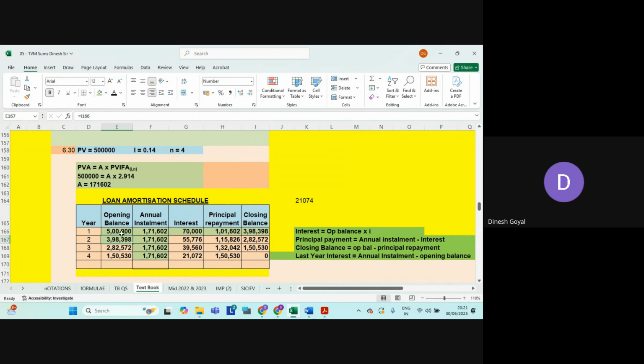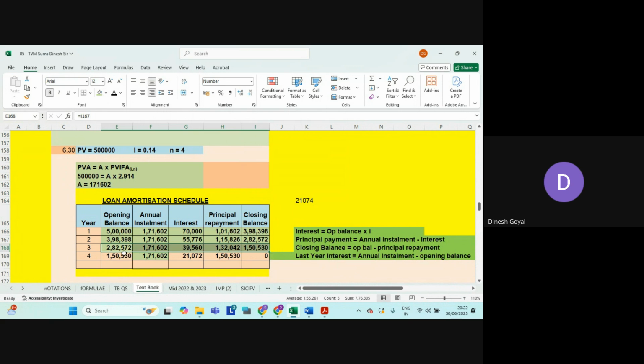ओपनिंग बैलेंस दिस है, इसका 14% निकालोगे. 398 into 0.14, so you will get this interest. Then same, annual installment minus interest will give you principal repayment, and opening balance minus principal repayment will give you the closing balance. Same.